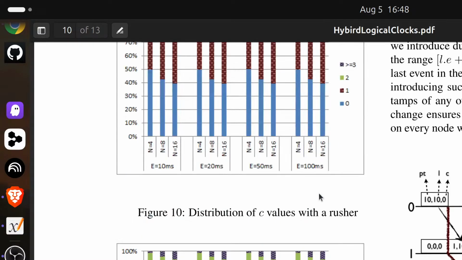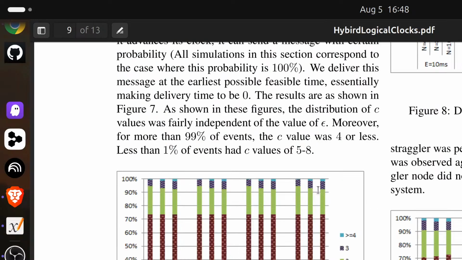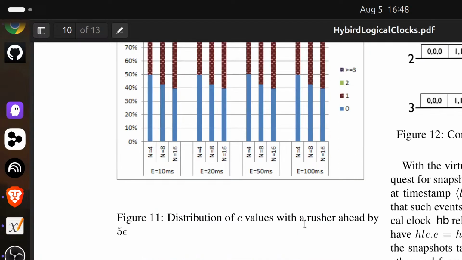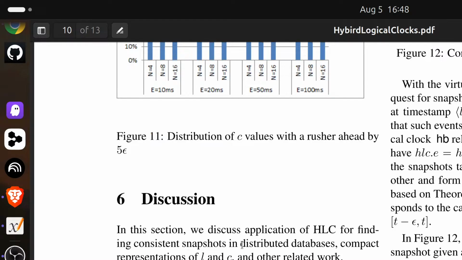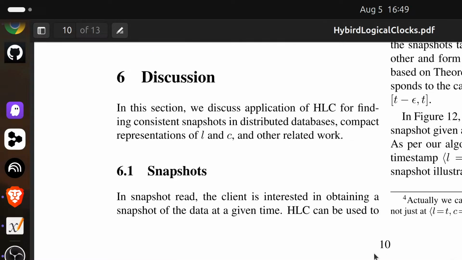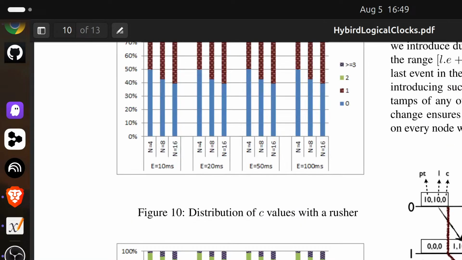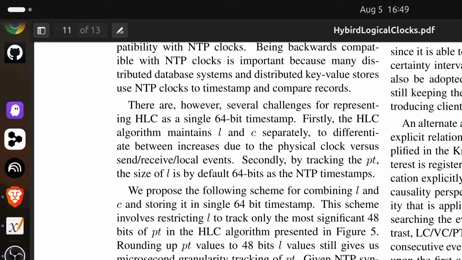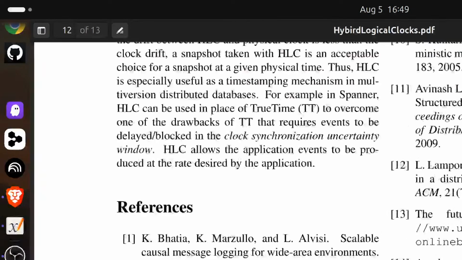And discussion: snapshots and compact timestamps using C, conclusion, and other work.